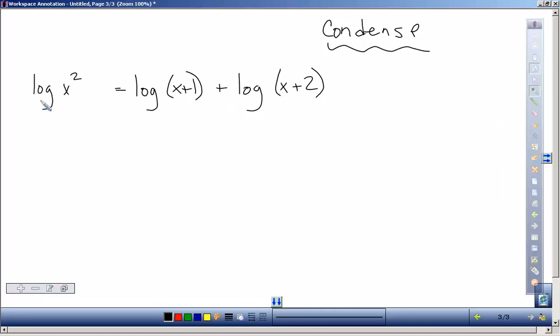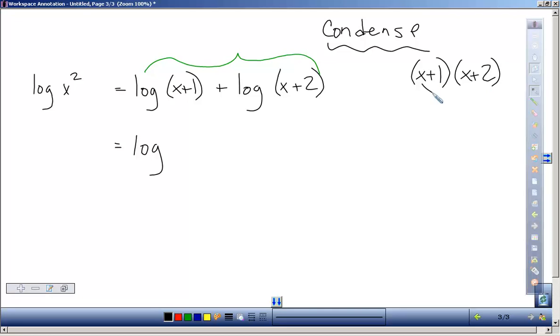So I really need to condense these 2 logs together. I have to remember, addition becomes multiplication. So this is going to be log, but I need to multiply what's inside of here: x plus 1 times x plus 2.